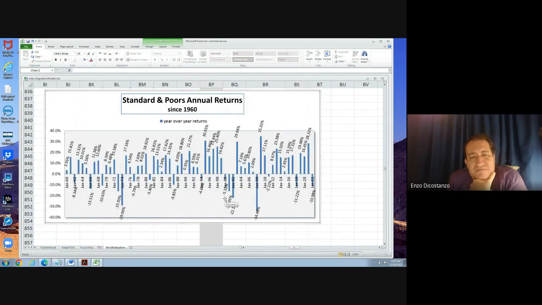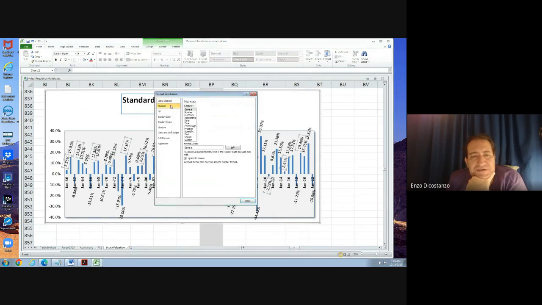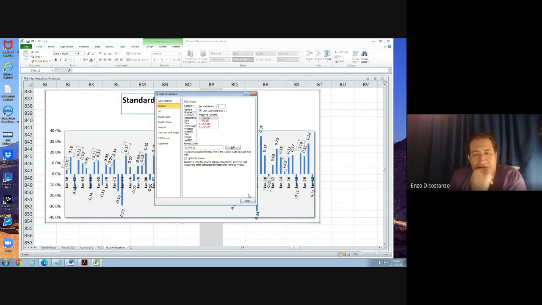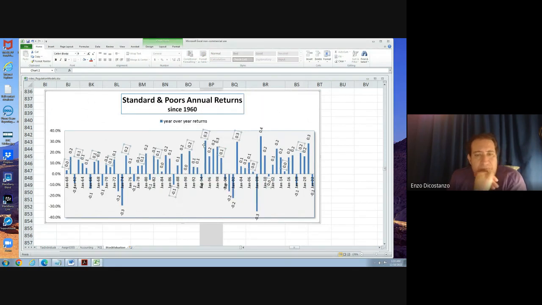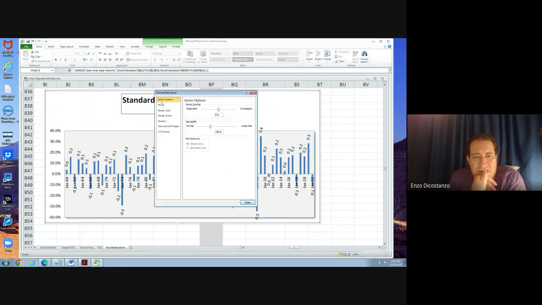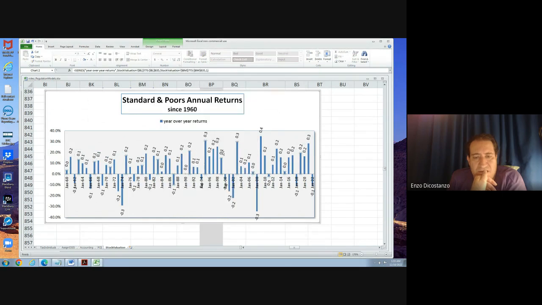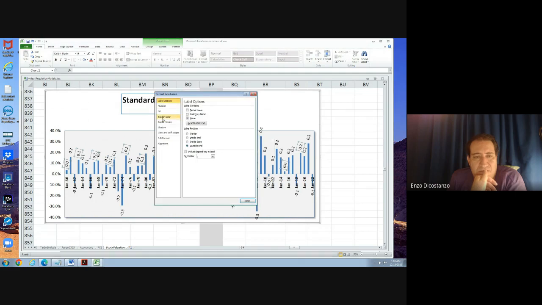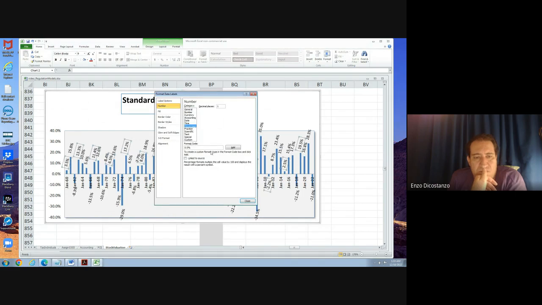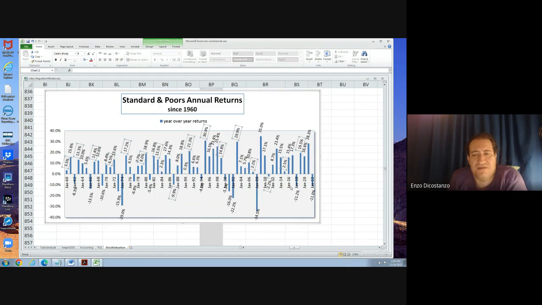Okay. You could even make them, and actually, you don't need 2 decimal places here. This could just be 1 decimal place, if that. There's no font there, but okay.